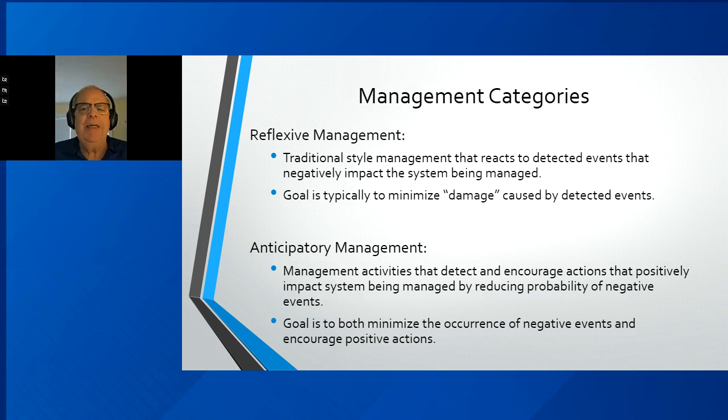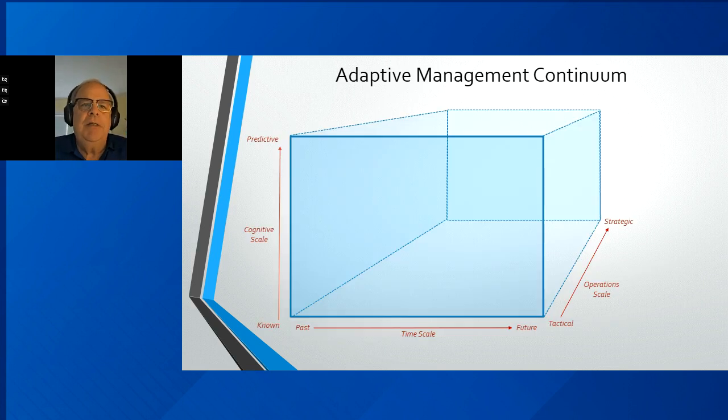So what we've done is, in the early part of this work, we sat down and we identified 4 different styles of management that map along this management continuum cube.